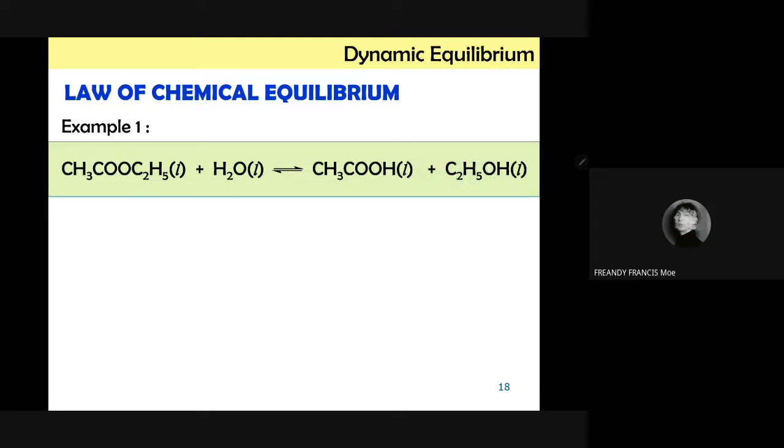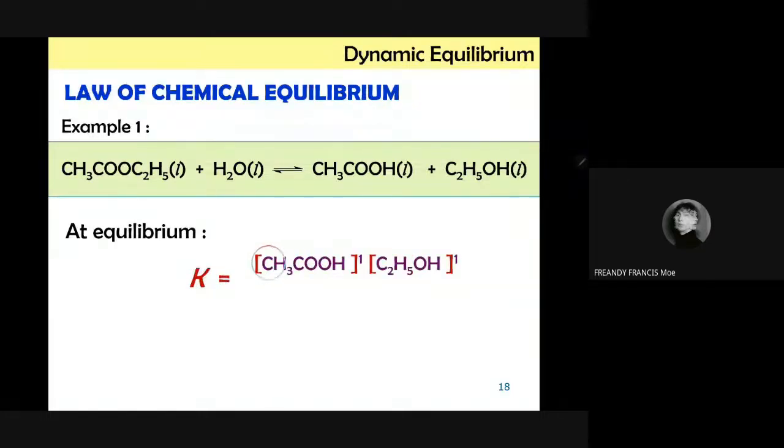So dekat equilibrium, okay, K dia sama dengan concentration of product to the power of 1 sebab ini adalah 1. Okay, ada 1 kat depan tu kita tak tunjuk. Darab dengan concentration of product yang ini to the power of 1 juga sebab depan ni 1 juga.